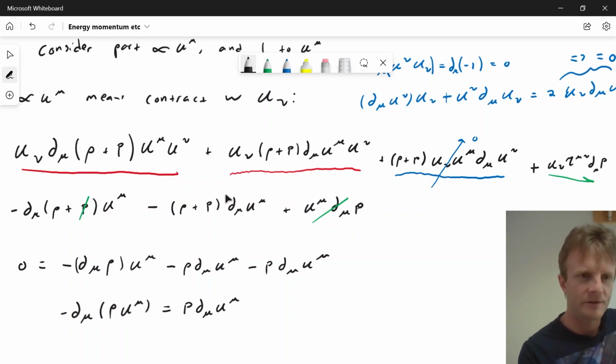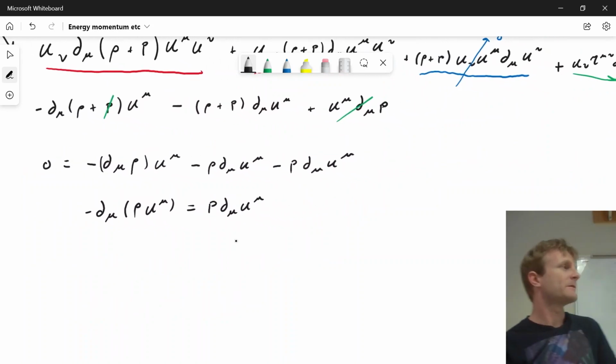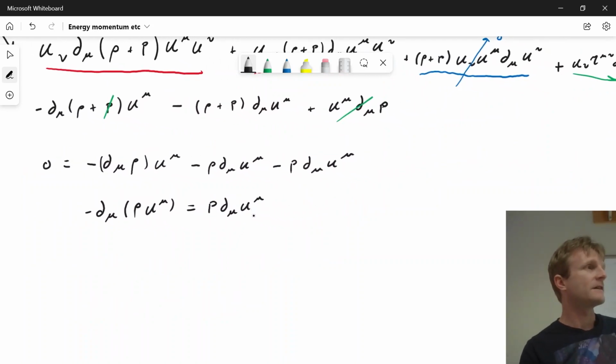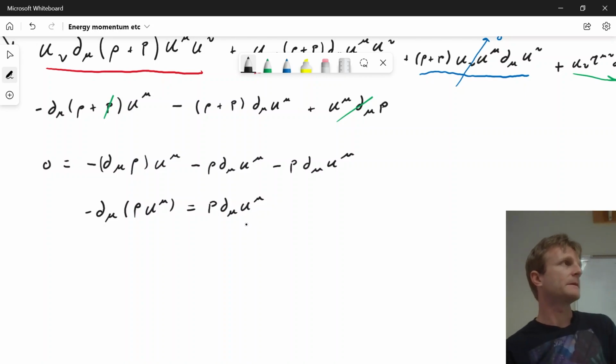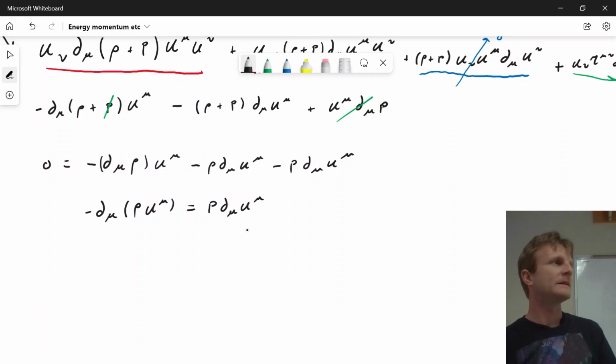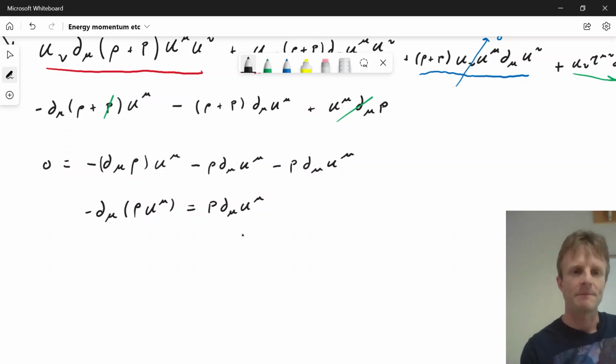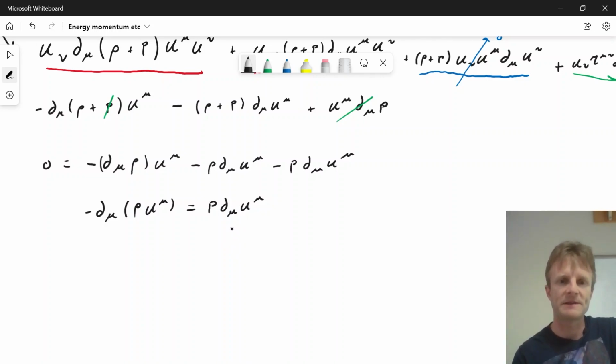And we're almost to a punchline. So remember, this was stress energy conservation, dotted in to find the component parallel to the 4-velocity u^μ, like the components that you would call energy in the fluid frame. So to interpret this, we can do a non-relativistic limit.